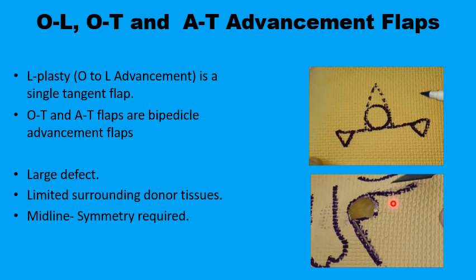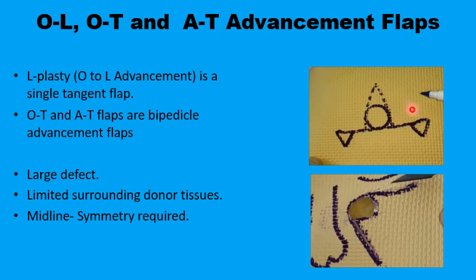There would be situations, however, when it is crucial that no tension at all would be applied to one side of the defect. The side of the defect that lies close to an important anatomical landmark, and it is important to have this line not distorted, the horizontal bar of the T, if you can see it. In that situation, you would consider having the O to T or an A to T type of reconstruction.